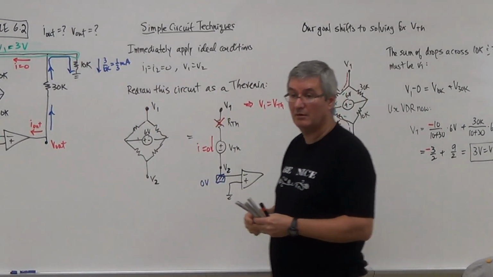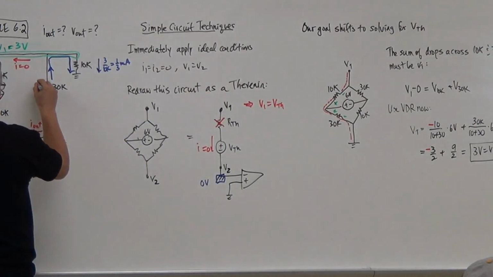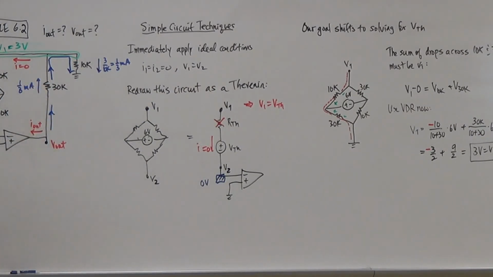So, what is the current across the 30K resistor? So what's the voltage here? The voltage here is 30 times 1/3, which should give me what? A 10 volt drop?